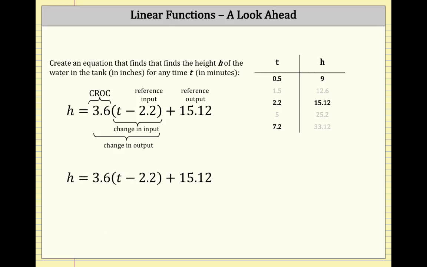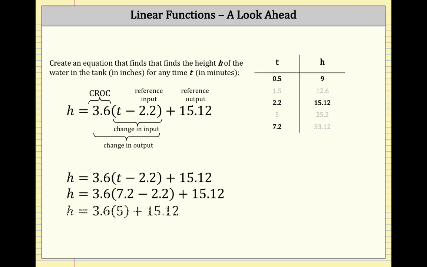Okay, let's take a look at another one. Suppose we wanted to find the height of the water in the tank when time is 7.2. Now we do expect an answer to be 33.12, but let's see how this works. First of all, we'll put 7.2 in place of t. Order of operations says we would do 7.2 minus 2.2, which is exactly what's going to calculate the change in input. And so we now have the next part, which is to figure out the change in output, and that is by taking the constant rate of change times 5.